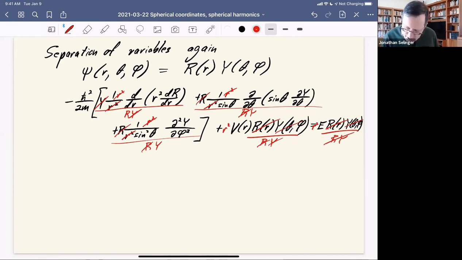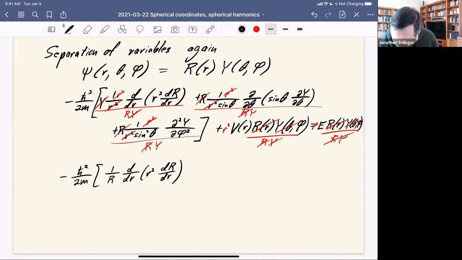So we now have negative h bar squared over 2m. Our first term is 1 over capital R d by dr of r squared dR/dr.